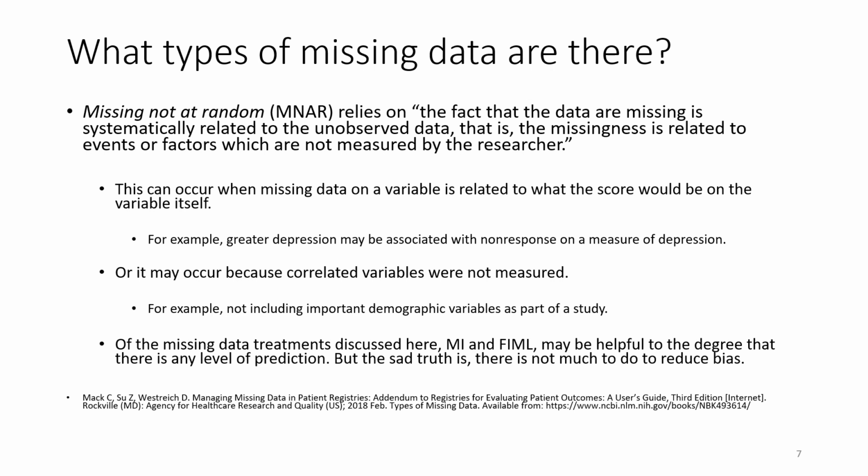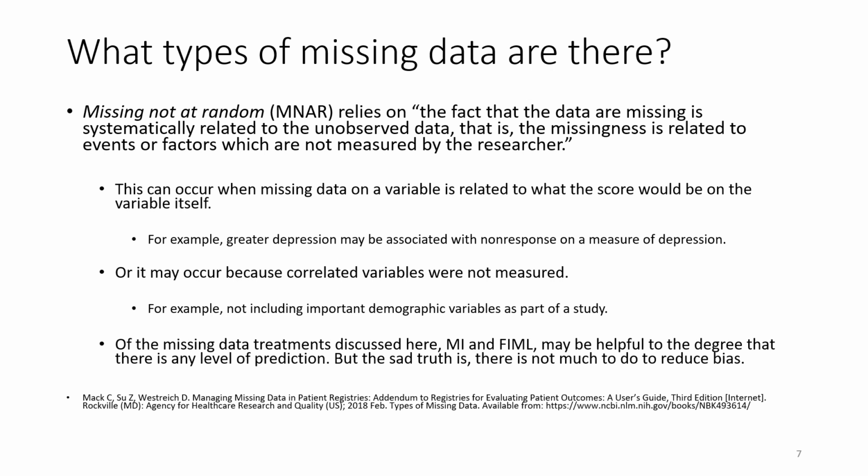That is, the missingness is related to events or factors which are not measured by the researcher. And this can occur in two different ways. For example, it can occur because the missing data is associated with the levels or the values of the variable that has the missing data.